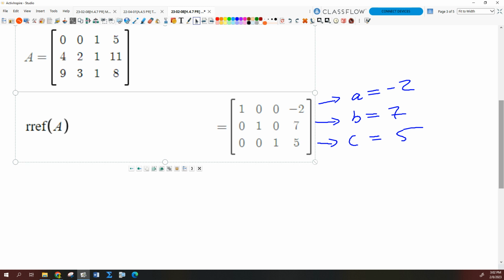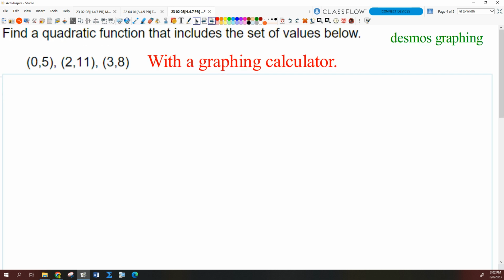Okay. How could I do this quick little see how well you remember this stuff. Would you walk me through how I could do this with Desmos graphing?